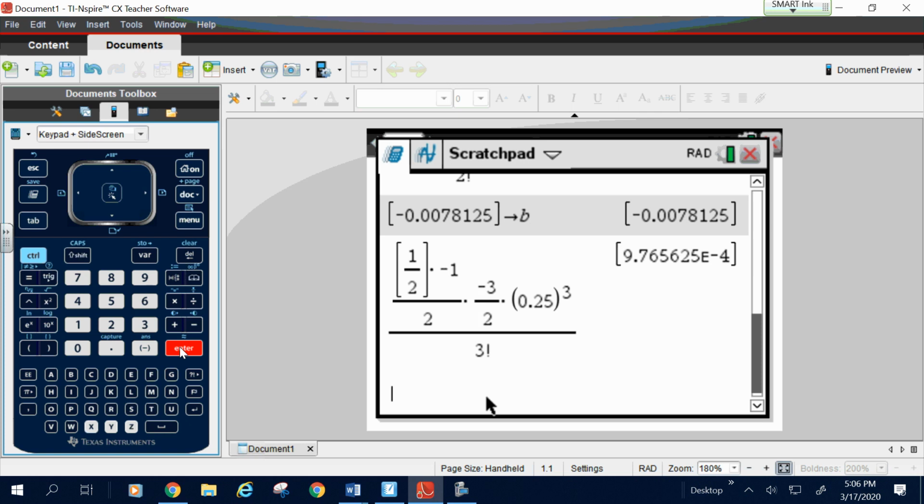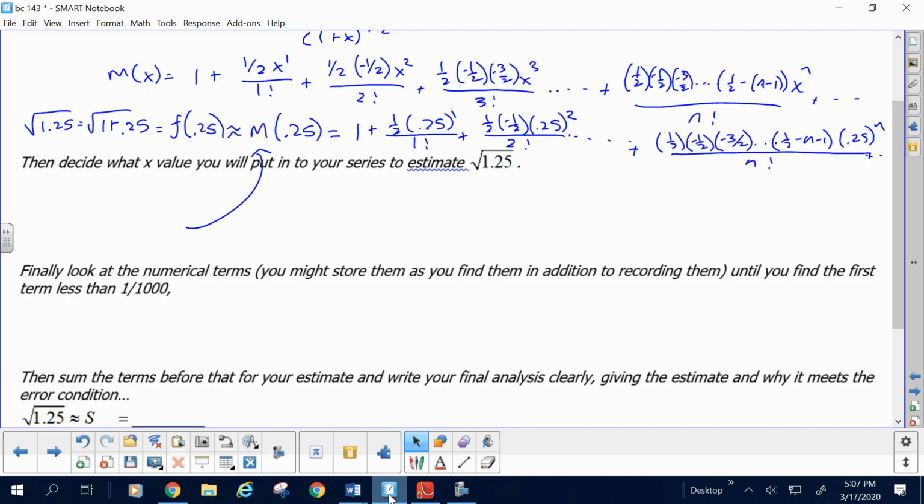Then I get 9 times 10 to the negative 4th, which is 0.0009. That is less than 1,000th, so that seems like that's my error bound, and I'm ready to go. I found that the third term, which is A4, is 9 point something times 10 to the negative 4, so that'll do.